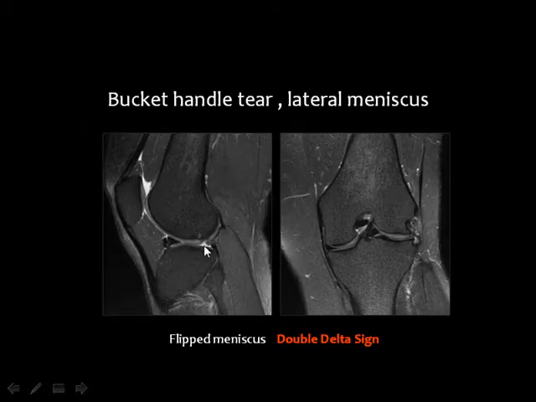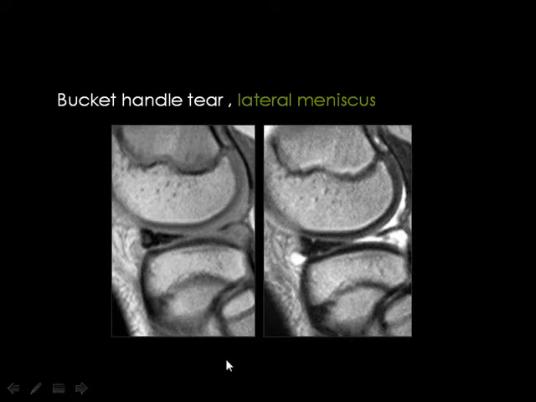The posterior horn is not seen, and both horns are present in the anterior aspect of the knee. Then you know that you are dealing with bucket handle tear of the lateral meniscus. Another example. The posterior horn is not seen, and two horns are present in the anterior aspect of the knee, diagnostic of bucket handle tear of the lateral meniscus.